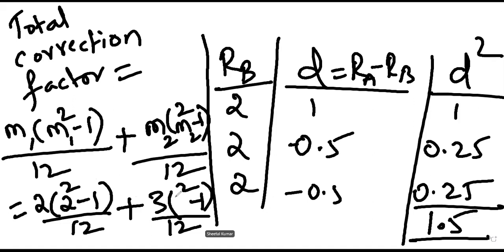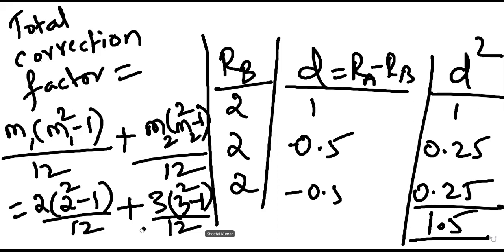There is no doubts. Since m1 is equal to 2 and since m2 is equal to 3, that is the reason we have to calculate the total correction factor. The previous example, only one value repeated. In this case, two values are getting repeated. So that is the reason we have to determine the total correction factor.